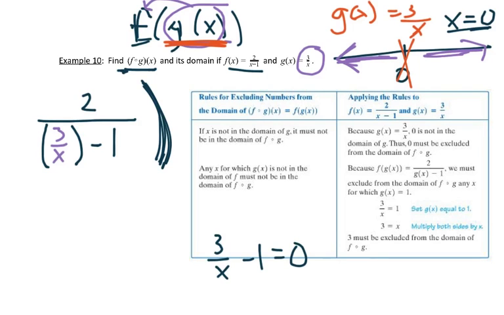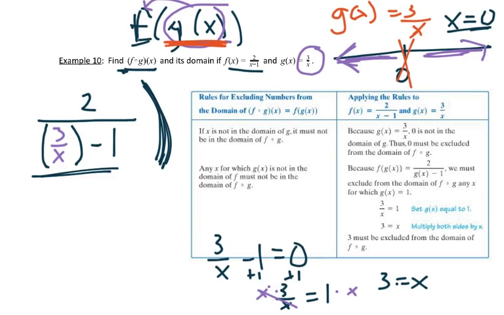So the first thing we do is add 1 to both sides, and that gives us 3 over x equals 1. And then we'd want to multiply both sides by x so that it cancels out over here. And that tells us that 3 is equal to x. So this fraction messes up when x is 3.